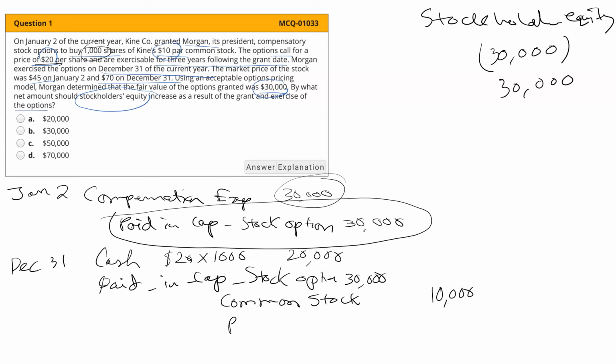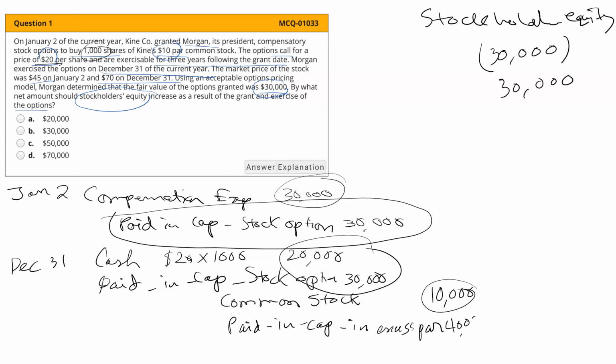So this paid in capital in excess of par will be the amount to balance the journal entry. So let's do the journal entry and find this number. So we have debit 30 plus 20, 50,000, and we have credit 10,000. So here paid in capital in excess will be the remainder 40,000.